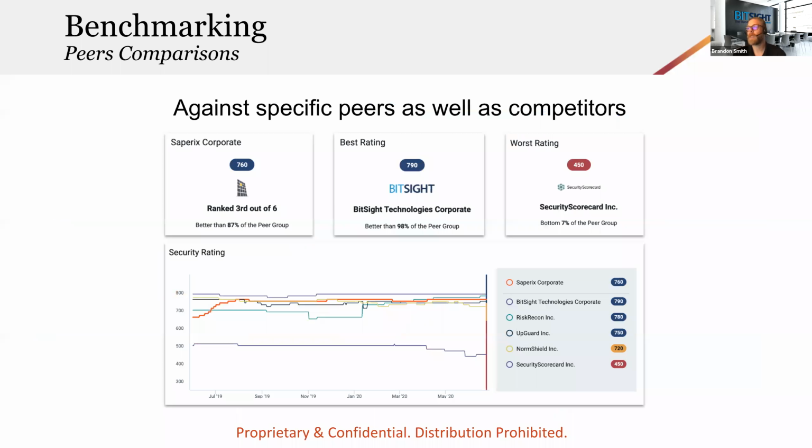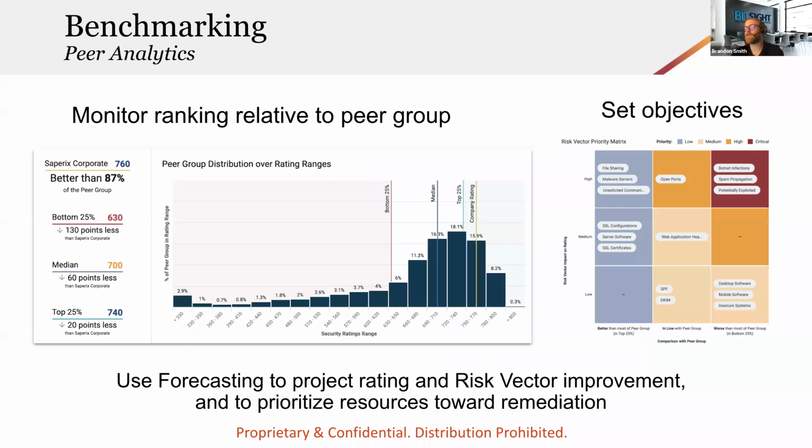One of the things we talked about was showing yourself versus some of your peers. In this case, this is a sample benchmark against some other organizations in the industry. The whole idea is that you can very quickly show executives how we're doing, how we've trended, things along those lines. As far as benchmarking, another step you can take is doing it against an aggregated group of your peers.